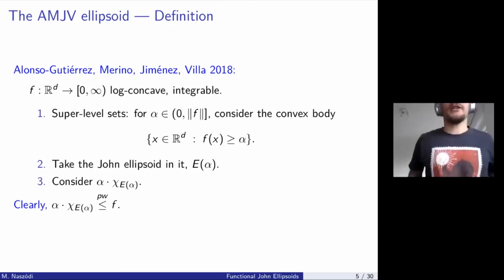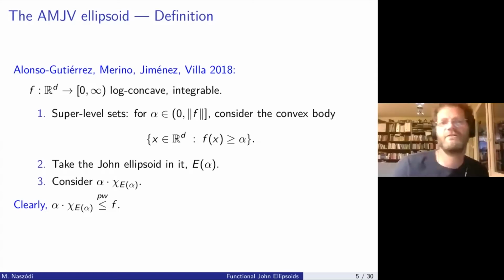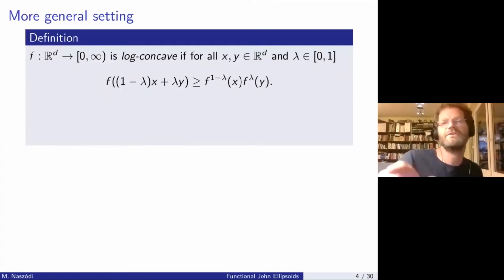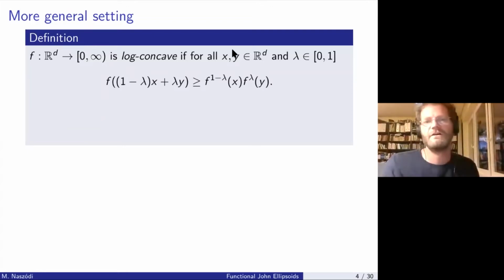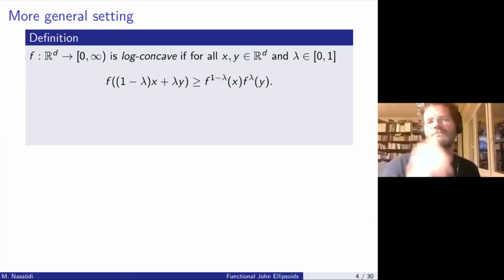Martin, sorry, stupid question, I guess, but why is this body convex? That just follows from this definition. If you have a log-concave function, then it's what's it called, a quasi-concave function or something like that. So that property immediately follows from here.